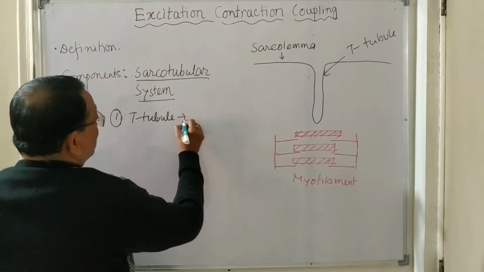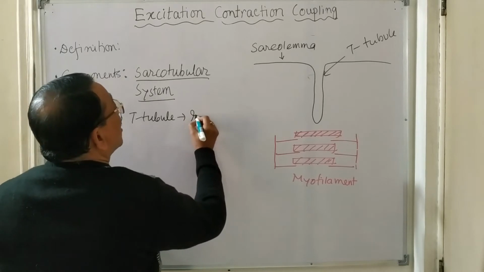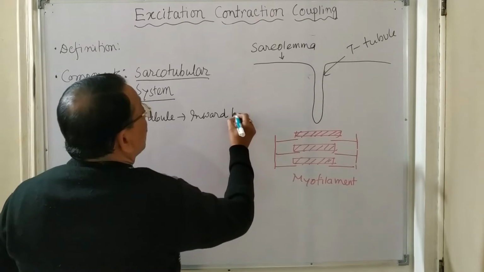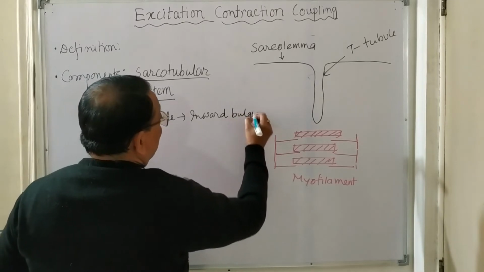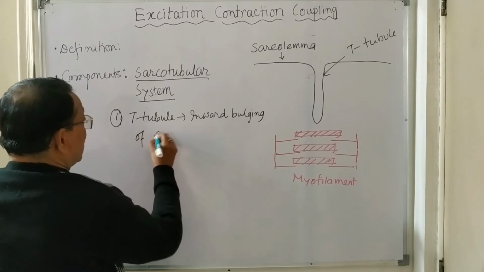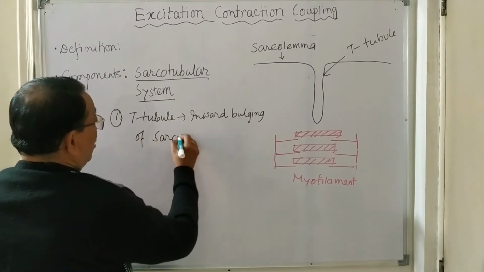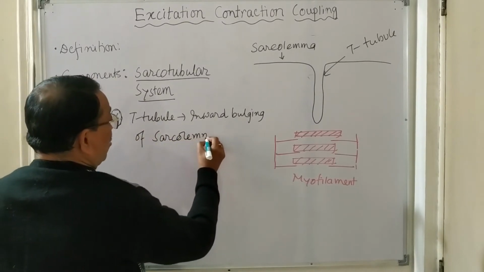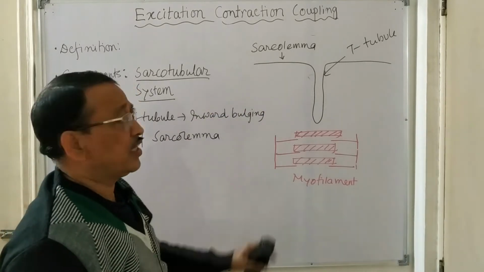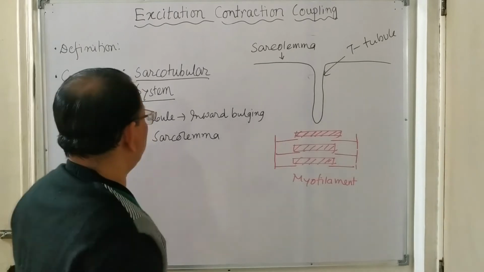The T-tubule is the inward bulging of the sarcolemma, or inward invagination of the sarcolemma; that is the T-tubule or transverse tubule.